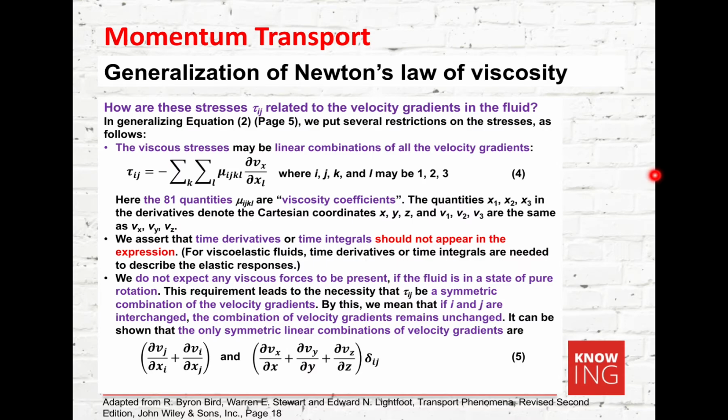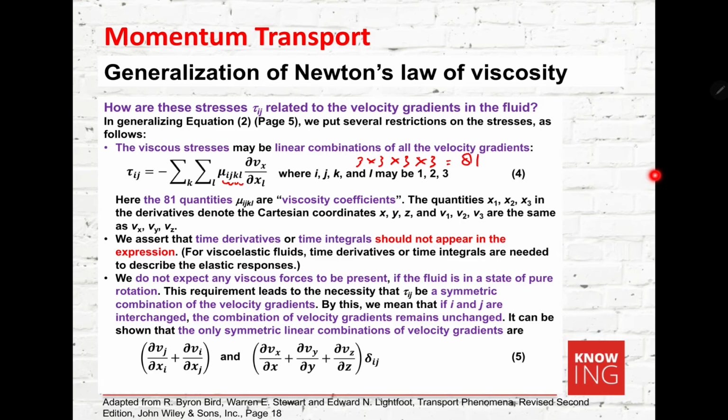If we define the value of the viscous stress tensor, then we have four indices: I, J, K, L. I consists of x, y, and z, J also x, y, z, K x, y, z, L also x, y, z, then 3 multiplied by 3 multiplied by 3 multiplied by 3 will be equal to 81.